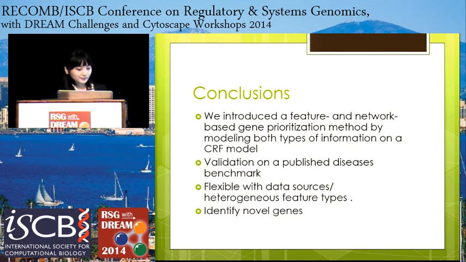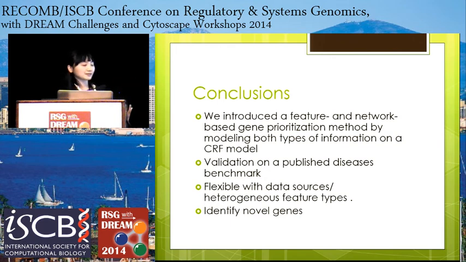So our conclusion is that we introduced this feature and network-based gene prioritization method by modeling both types of information without converting them into each other. We were able to validate our approach using the disease benchmark, and it shows that we could outperform the best performing tool so far. And we're flexible with data sources.